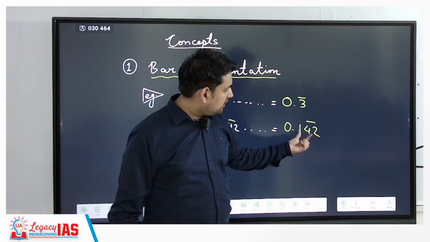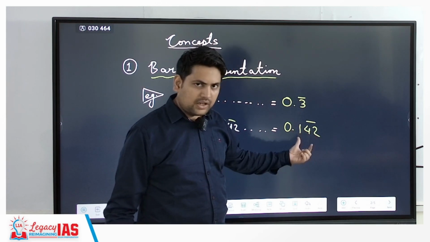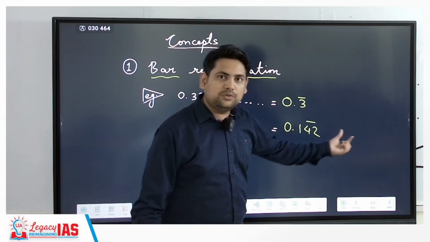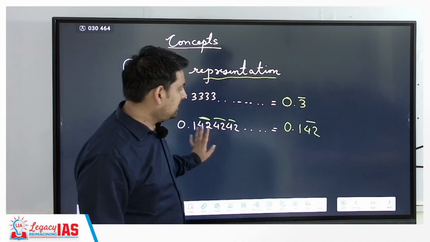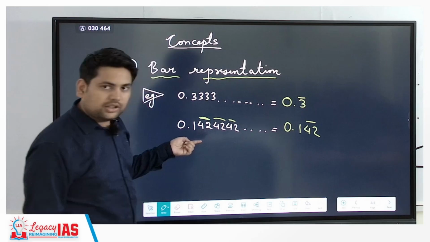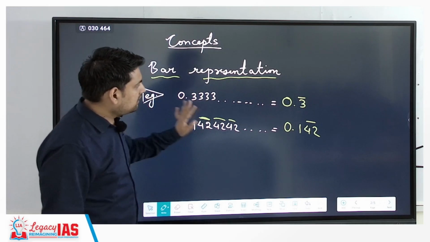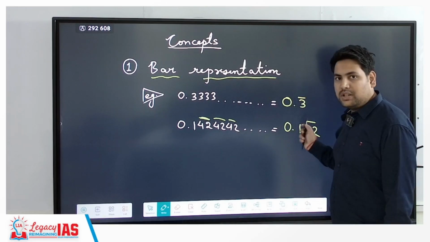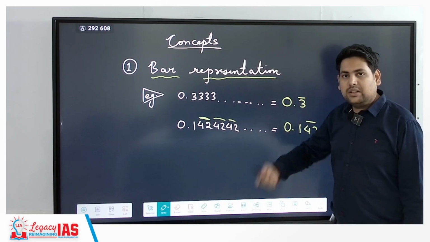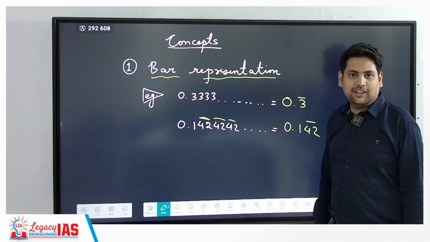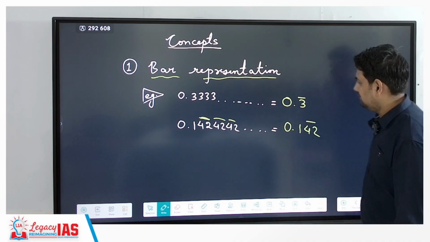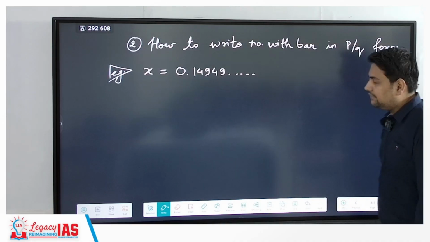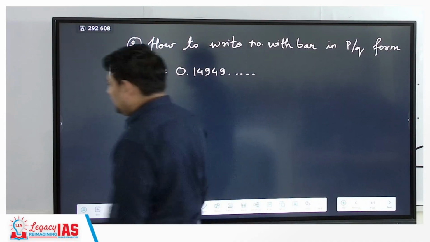So 1 will be as it is, then 42. This is written also here, correct? So this is first of all bar representation. We put a bar over numbers after the decimal which are repeated several times. Understood? Simple? Okay.